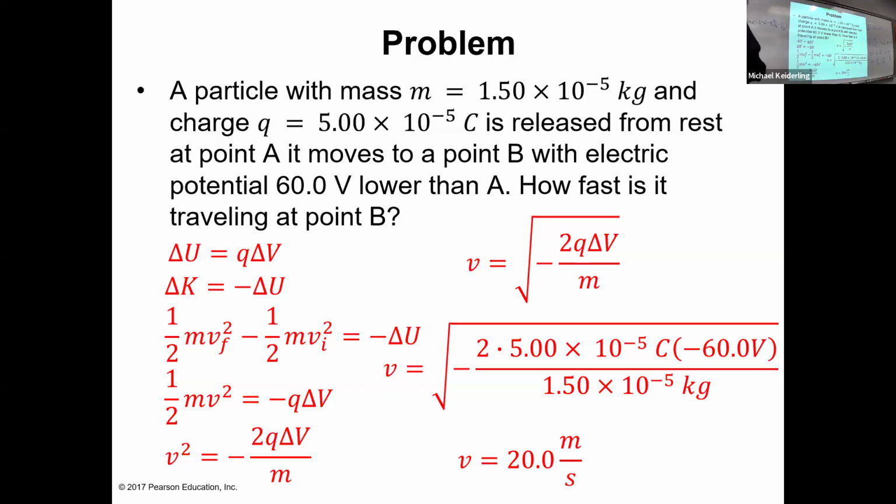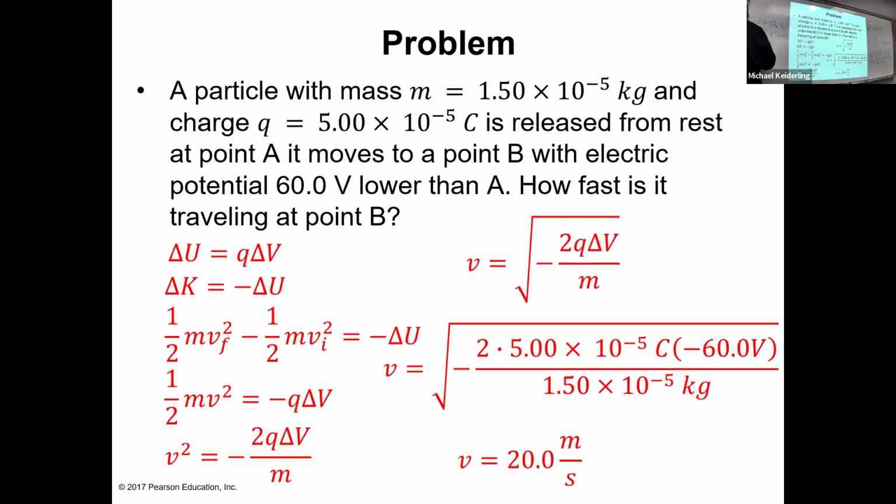If you wanted to use this equation a little more directly, it's 1/2 mass v squared equals 1/2 mass 0 squared plus Q times 60 volts. So v squared is going to be 2Q times 60 volts over mass.